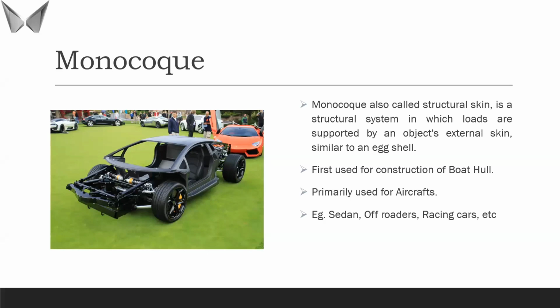There is only a complete body, and all the components, like engines, wheels, suspensions, everything gets mounted directly to this body. This type of construction is used on sedans and some off-road vehicles. And racing cars like F1 cars are made with this type of construction. So these are the 2 major types of automotive body constructions used in the industry currently.